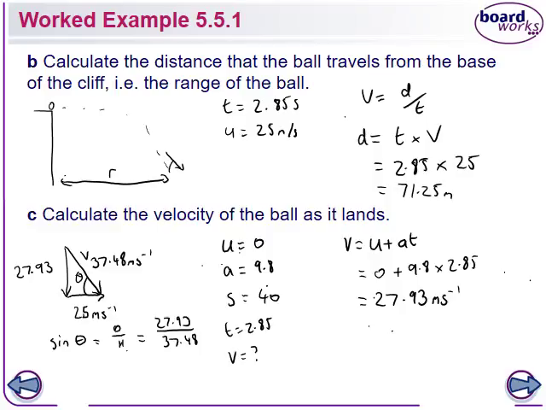Now, as soon as I hit equals, the calculator died. So theta is the inverse sine of whatever that is, 0.7 something.